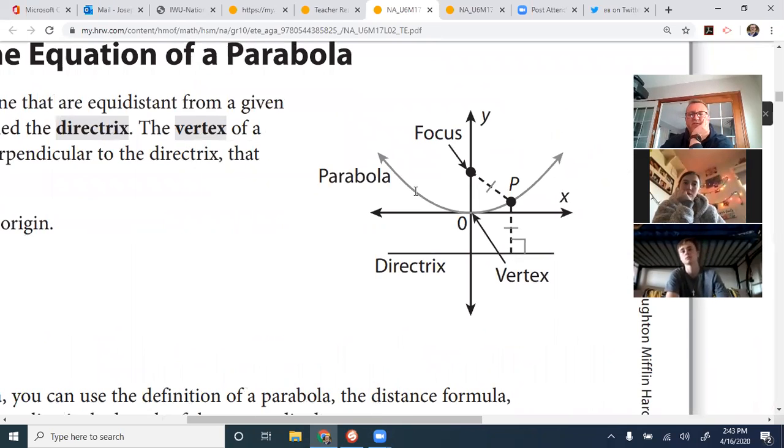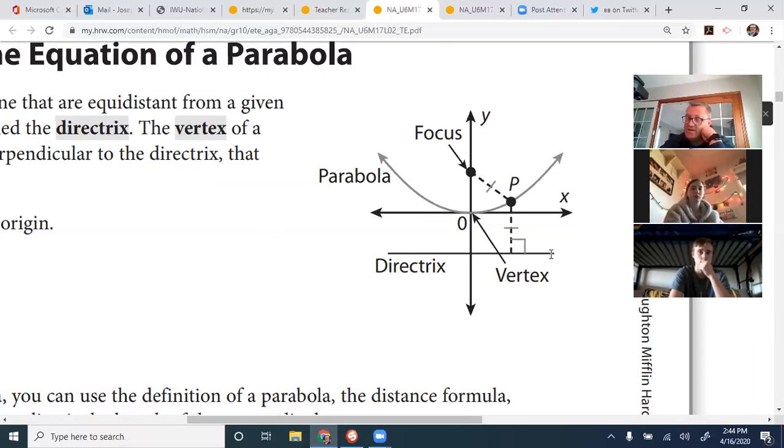Okay, so as I trace this parabola, all these points are equidistant from the focus. That's where my pointer is now. And this line down here called the directrix.